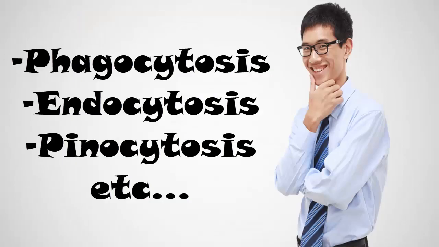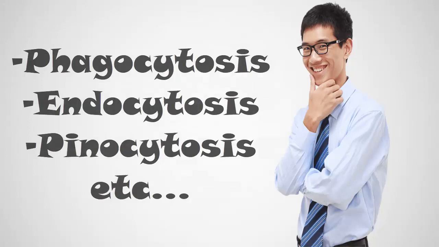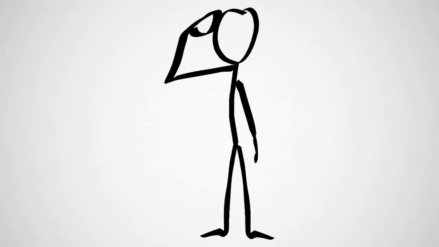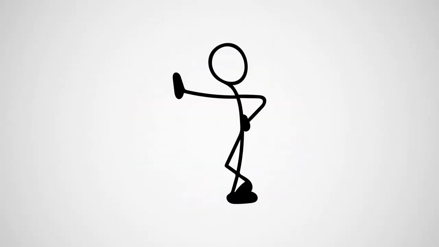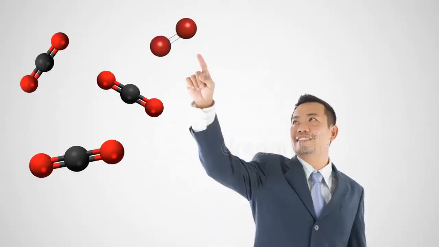There are other types of active transport, but in this case they do not interest us because they are for big molecules, and we are going to talk about gas permeation. Then we are talking about small molecules.